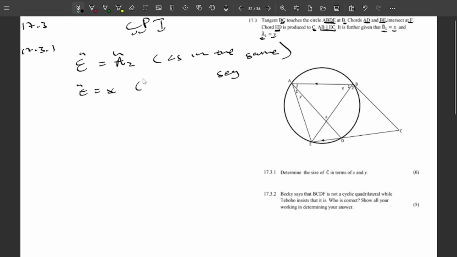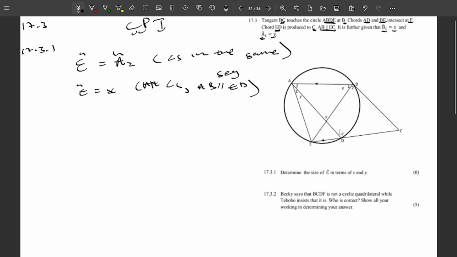Why? Parallel lines, right? You see the Z, they are alternate angles because AB is parallel to ED. Perfect. So this means that angle A2 is also equal to x.